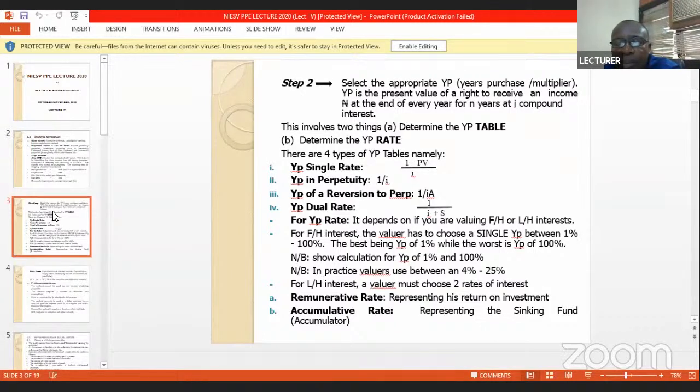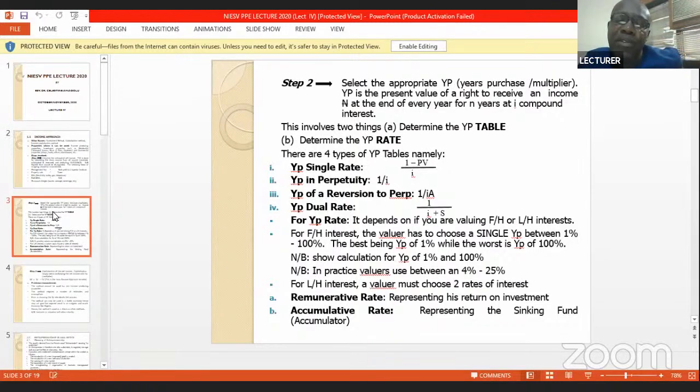It is representing the single rate YP as we have seen in that of the freehold interest. But we have to choose another rate of interest that is called the accumulative rate of interest, being the rate at which interest accumulates in the account.